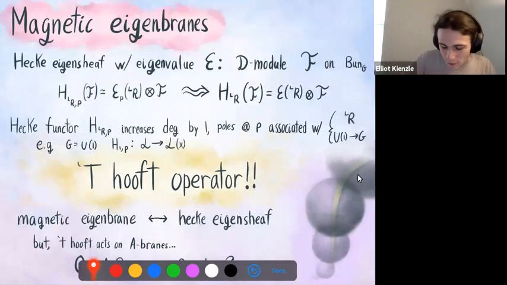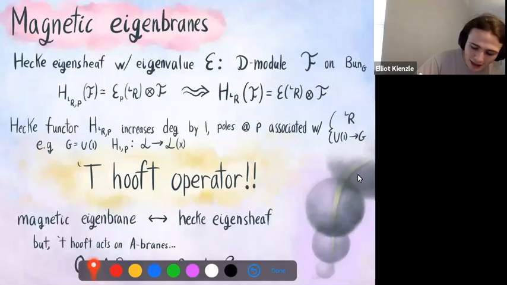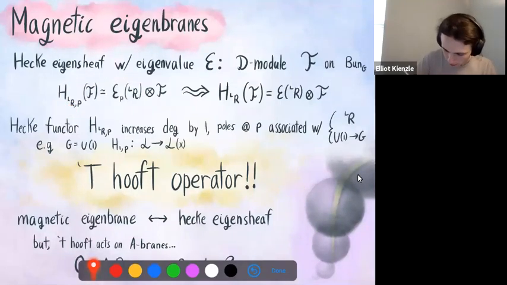An eigensheaf with an eigenvalue epsilon is a D-module on Bun G with the property that if you take a Hecke functor, the Hecke modification, which is parameterized by an irreducible representation of G, and by a point on a curve C, then its action is just to tensor the D-module by this vector space.